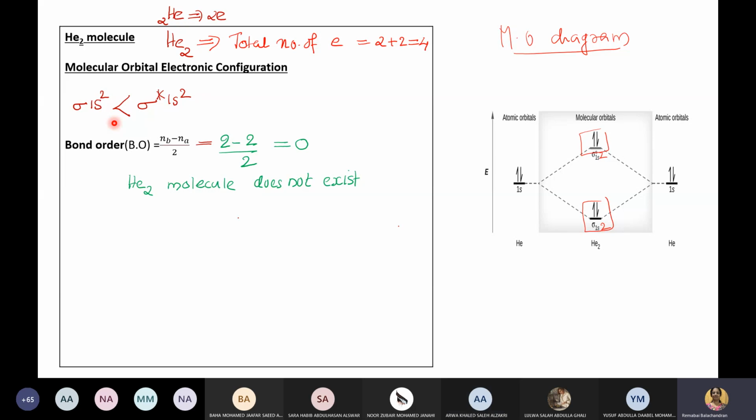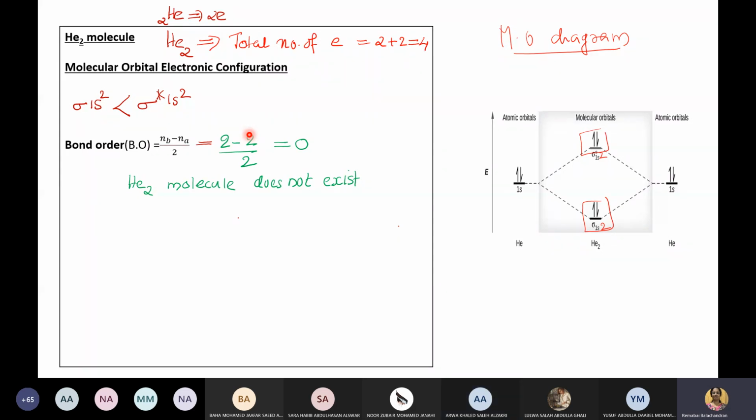See, 2 here, 2 here. This 2 is this one, this 2 is this one. Okay? Understood? Or do you still have doubt?